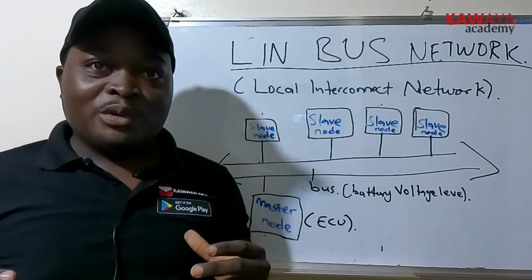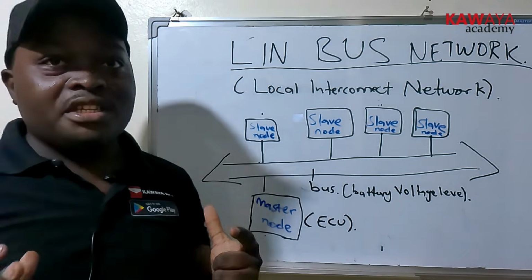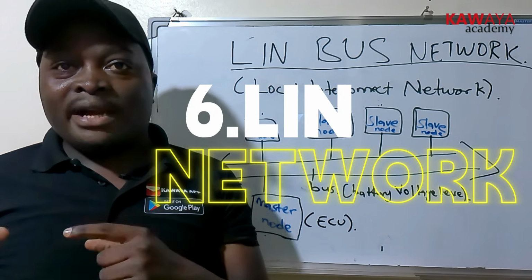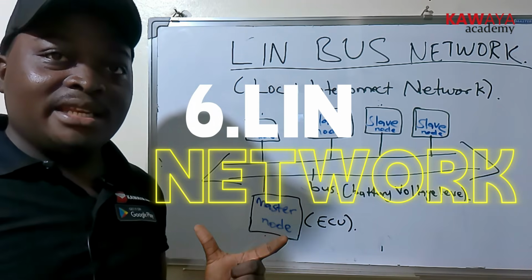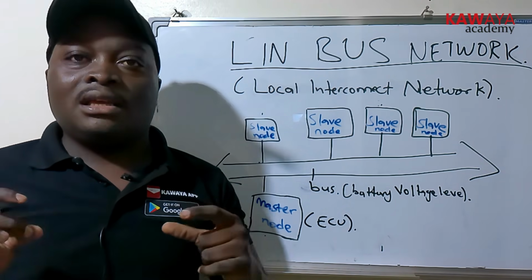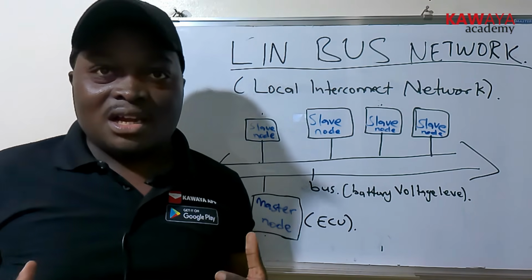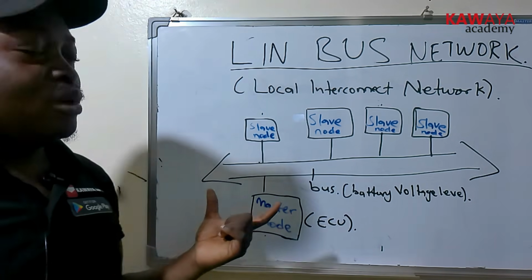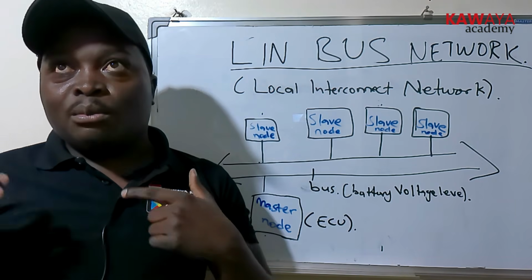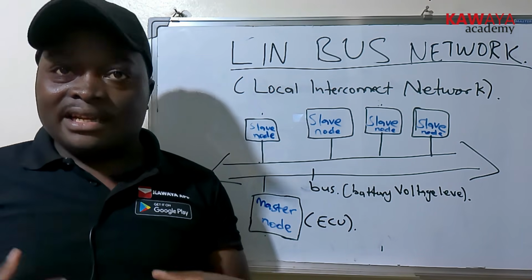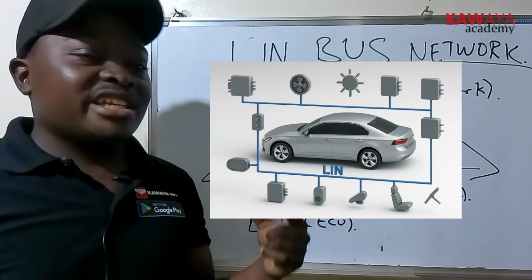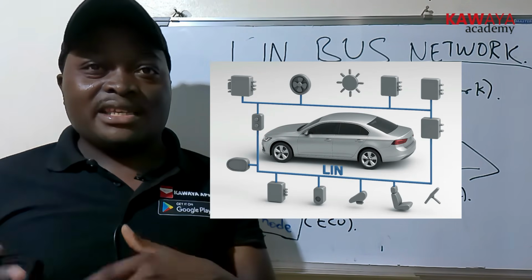Okay, we are going on with our OBD training, and I want to talk about LIN bus network. LIN is a local interconnect network, and this is basically one of the most common networks used in vehicles. Actually, most cars use CAN and LIN in coordination, and LIN is basically used for devices that do not require high speed.